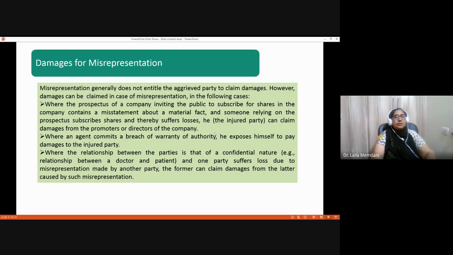When an agent commits a breach of warranty of authority, he exposes himself to pay for the damages to the injured party. When the relationship between the parties is that of a confidential nature and one party suffers loss due to misrepresentation made by the other party.